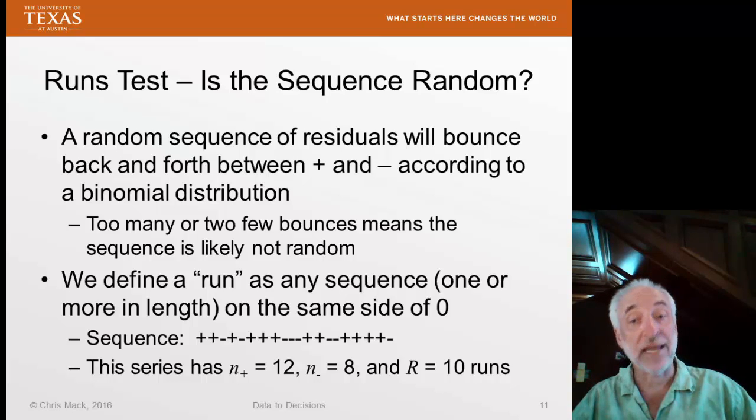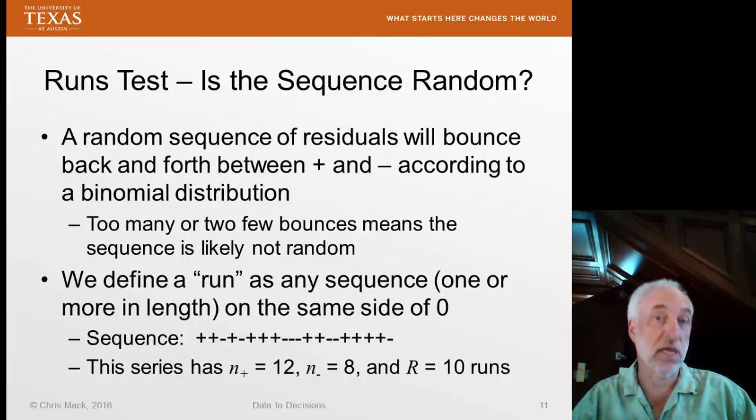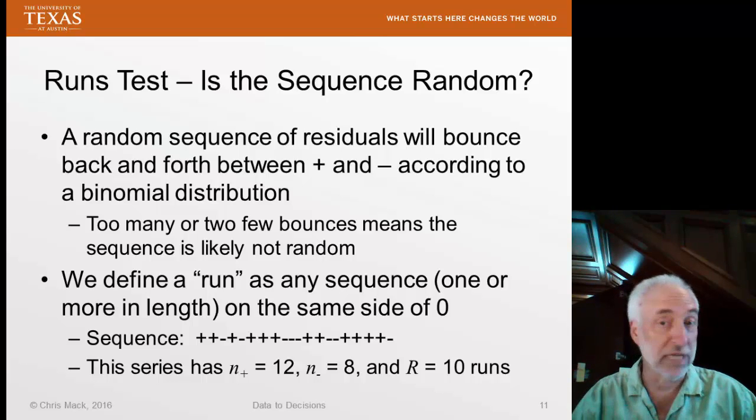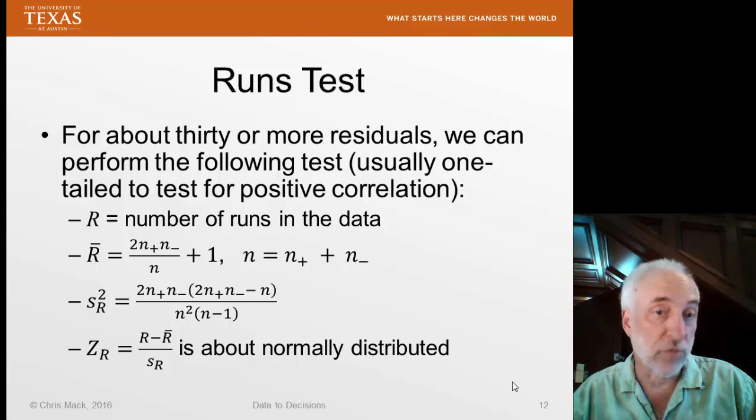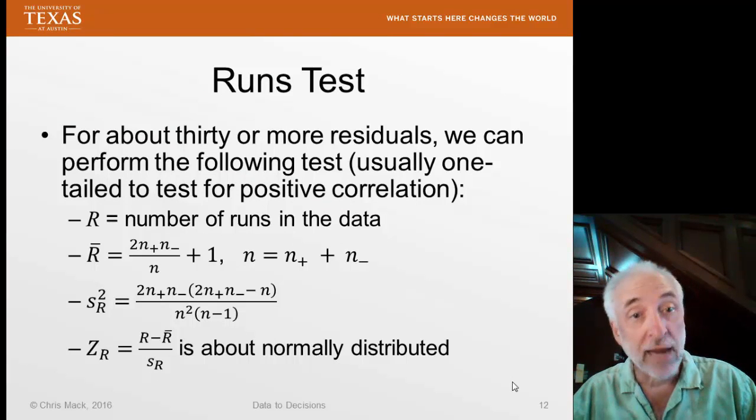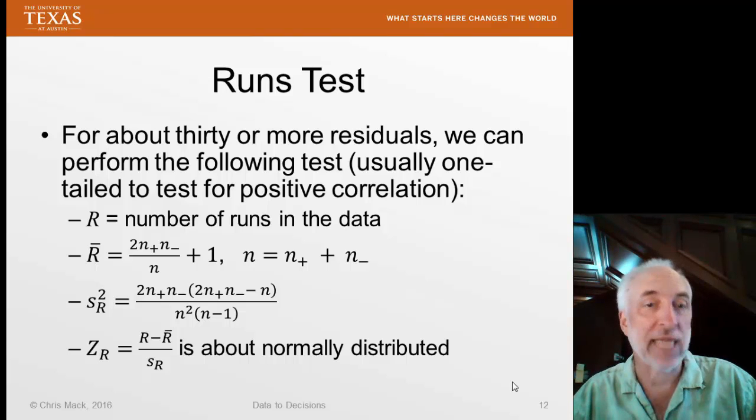Then we'll ask, is that number of runs reasonable under the assumption that it's truly a random sequence of independent residuals? So we'll count the number of runs, R, and compare that number of runs in the data to what we would expect to get if we had a binomial distribution, purely random.